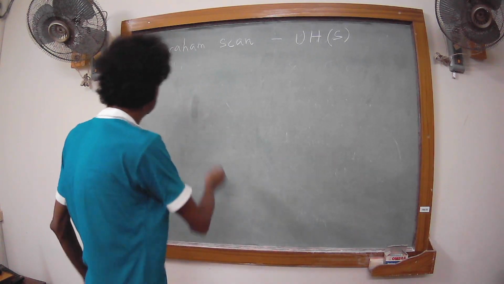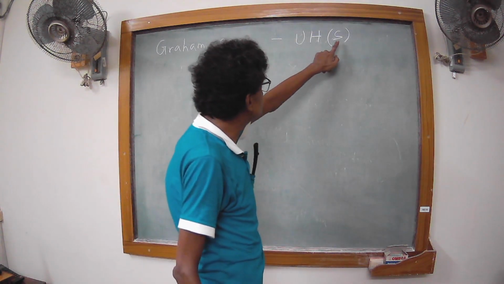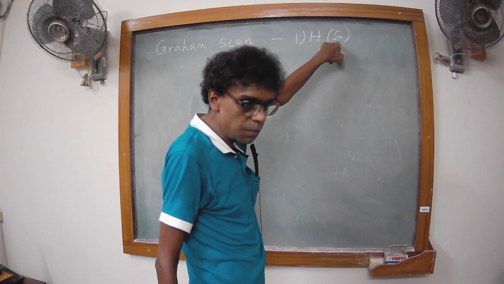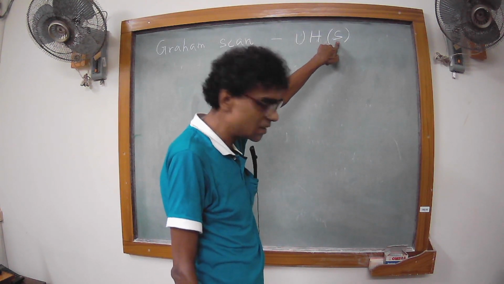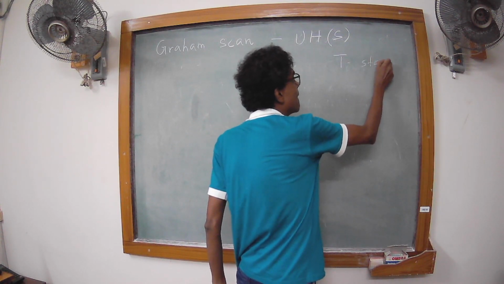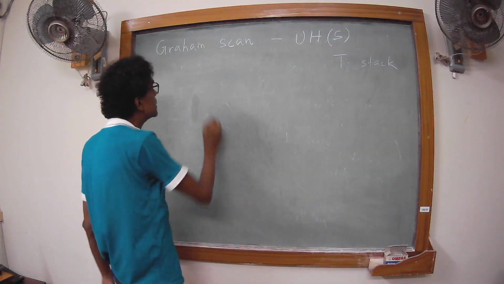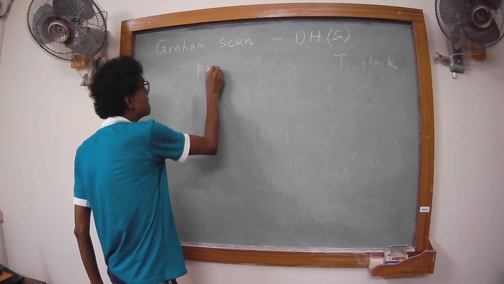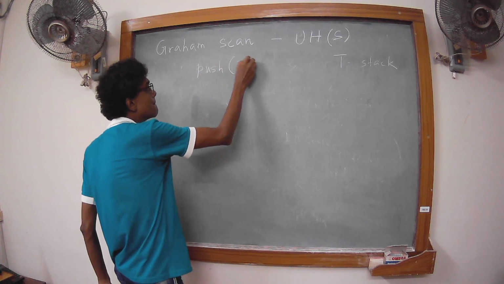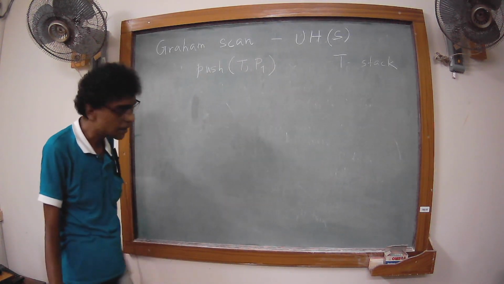So I will write it this way. So let us give a name to the stack. Since I have used S for the input set, let us call the stack T. Okay. So T is my stack. T is initially empty. You start by pushing P1 to the top of the stack, to the empty stack.